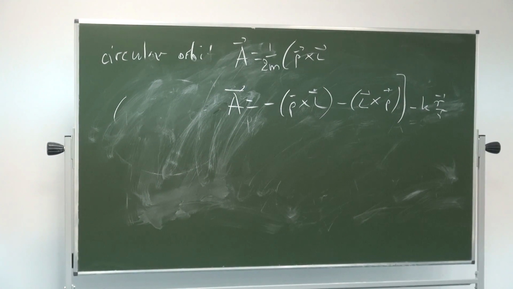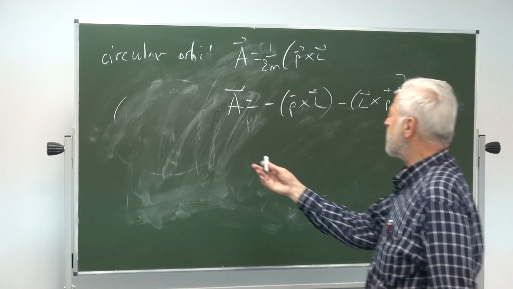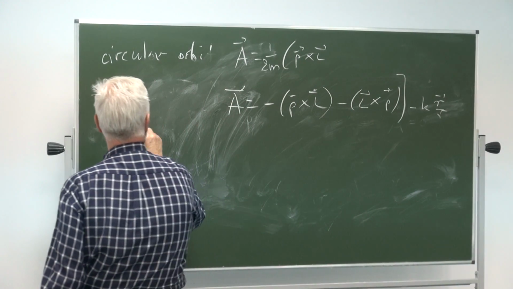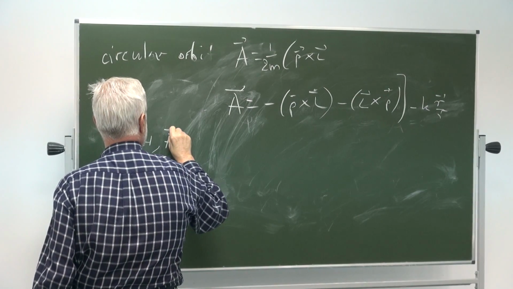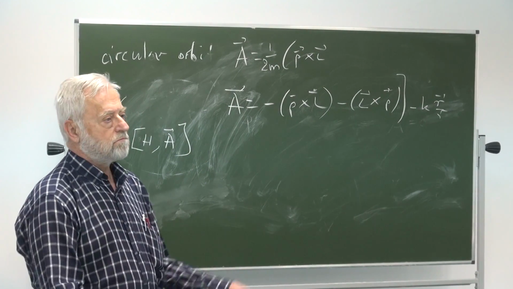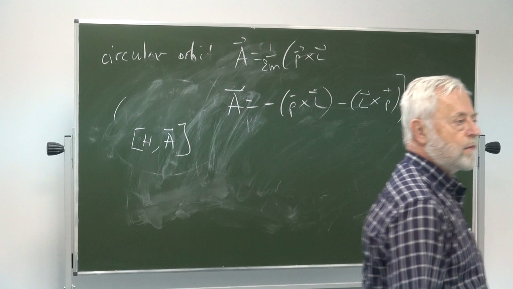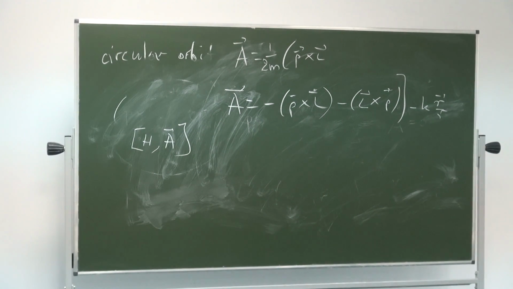And we can start looking at its commutators. And of course, the most important commutator that comes to mind is the commutator with the Hamiltonian. There's a bit of calculation, of course, but it will not be a surprise that it does commute with the Hamiltonian. Its commutator is 0.